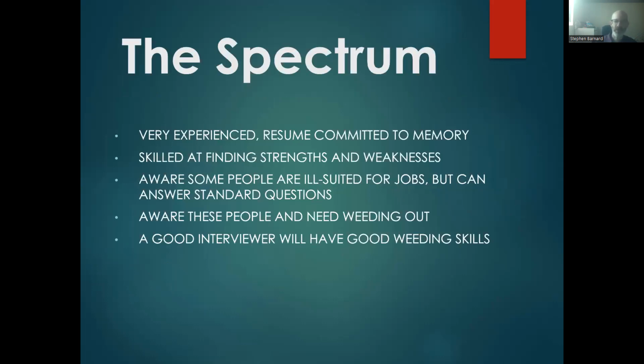Yes, some interviewers are very experienced. You walk in through the door, they know who you are. They don't even need to look at your resume because they've already read it and memorized it. And they're very good at finding out the strengths and weaknesses of individual candidates.